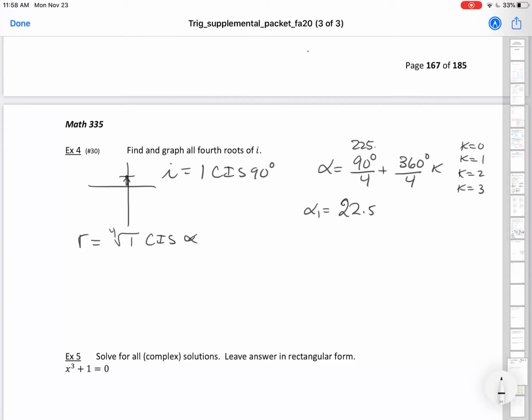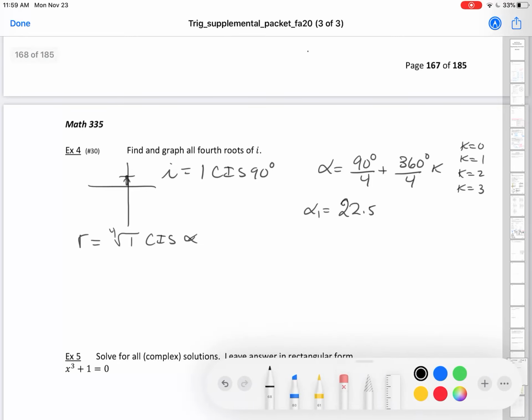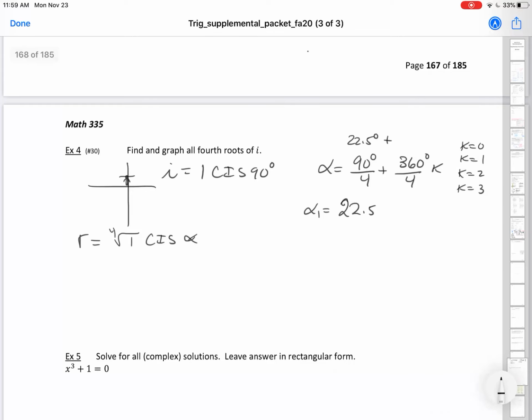This is really 22.5 degrees plus 360 divided by 4, which is 90 degrees, times k, right? Maybe that's a better switch out. So when k equals 0, for alpha 1, we get 22.5.